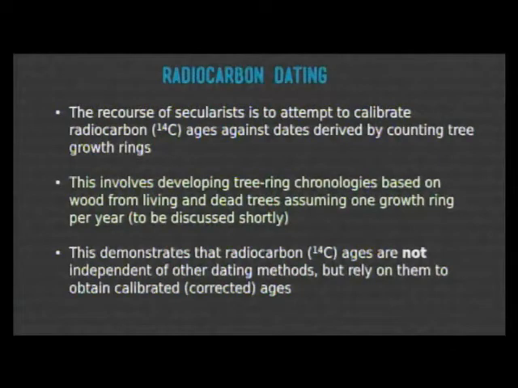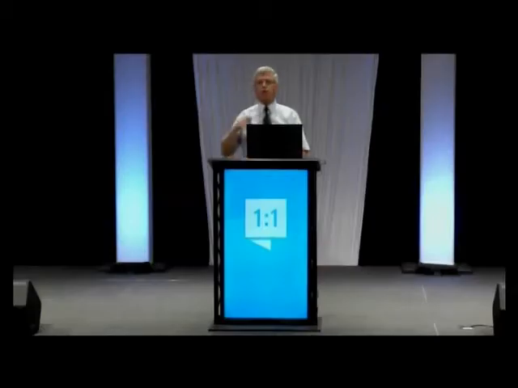So, what does this demonstrate? This demonstrates that ultimately radiocarbon ages are calibrated against tree ring chronology, and that means the radiocarbon is not independent of other methods. It relies on other dating methods to produce calibrated or corrected ages. And so radiocarbon is only as good as what the other methods are.